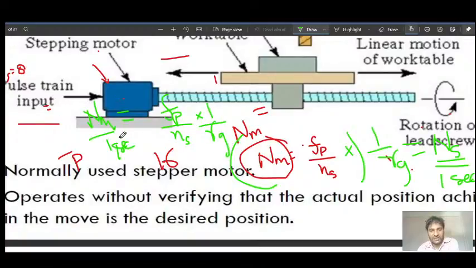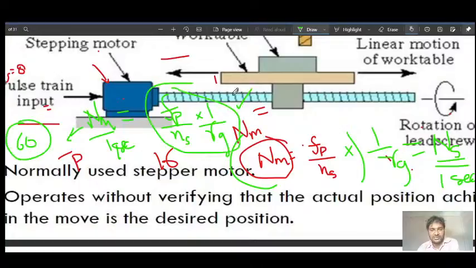And if we have to get it as RPM, revolutions per minute, we can simply multiply this value by 60, and we get RPM, and that RPM is for the lead screw.